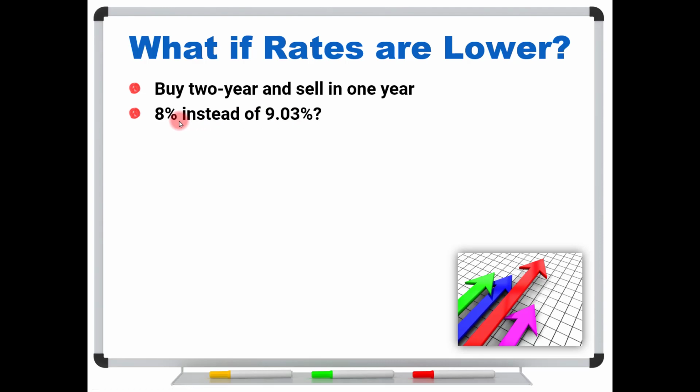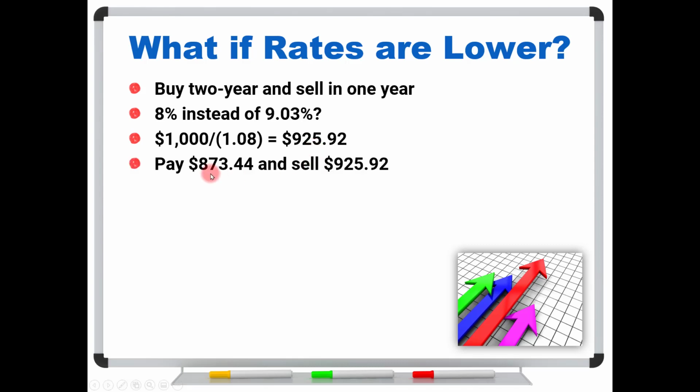Well, what would that bond be trading for? 1,000 face with 1 year left on it at 8% would be trading for $925.92. So remember, when we bought this 2 year bond, we paid $873.44 for it. We could sell it for $925.92, and that's actually 6%. We would outperform the 1 year bond at 5%.